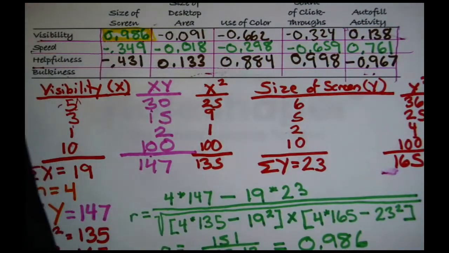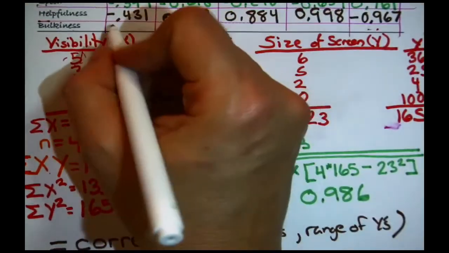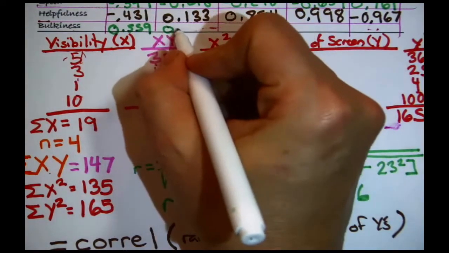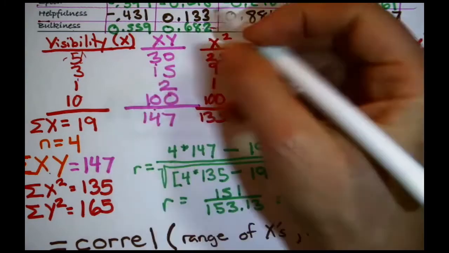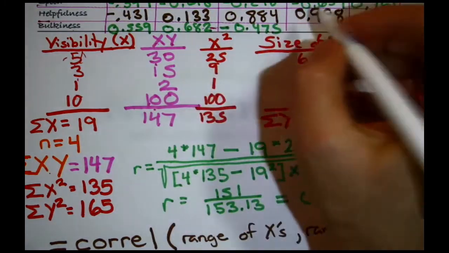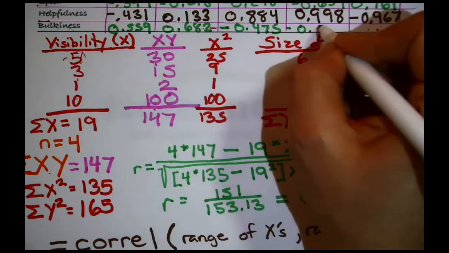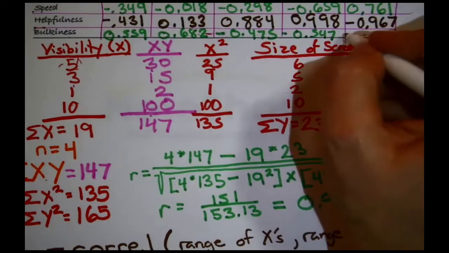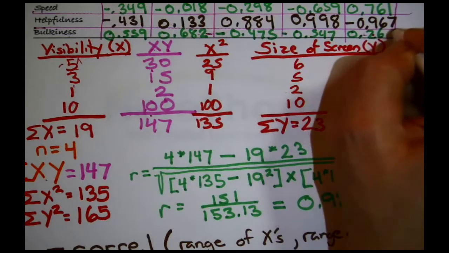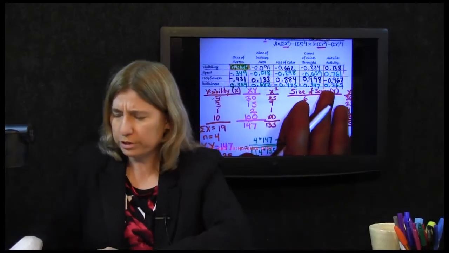Finally, last row, 0.559, 0.682, negative 0.475, negative 0.547, and then finally 0.265. One last correlation coefficient.